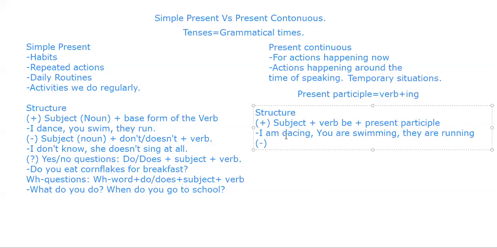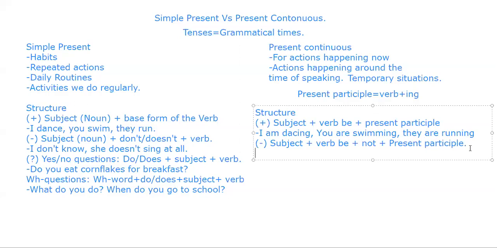The next one is the negative. In the negative, we have subject plus verb be plus not plus present participle.